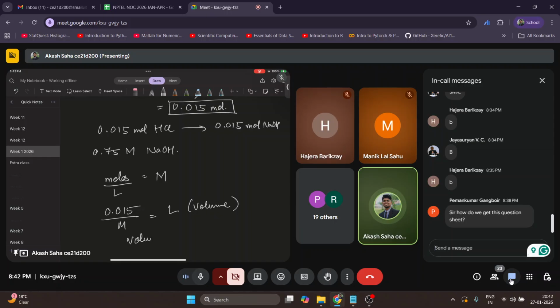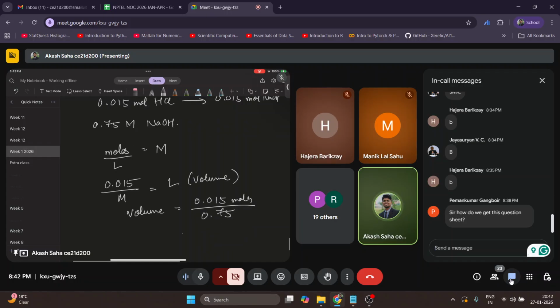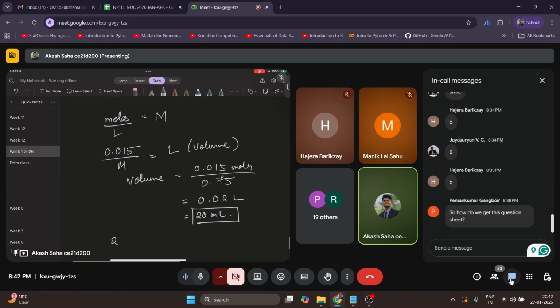So my volume will be equal to 0.015 moles divided by 0.75. So the volume will be 0.02 liters, or 20 milliliters. So this is how the question is solved. We need to add 20 milliliters of 0.75 molar NaOH.